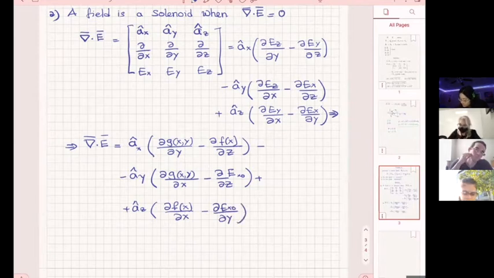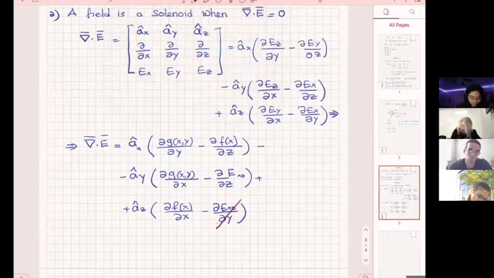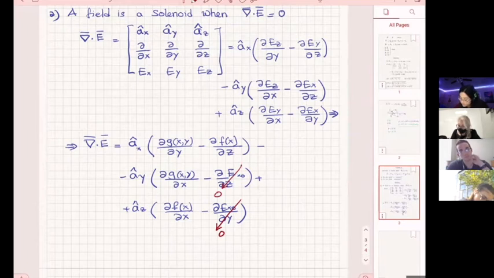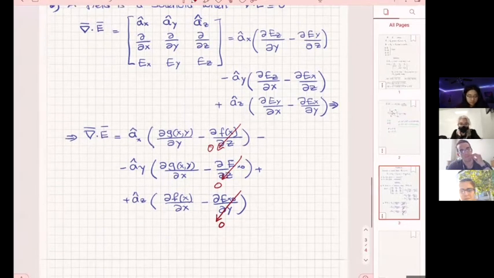Okay, so now let's see what happens here. This is a 0 because Ex naught is a constant. This is another 0 for the same reason. This is a 0 because it's a function of x and we take the derivative with respect to z. And everything else is not 0. Since I have not given the functions, you assume that there are going to be derivatives, because they are functions of x and y.